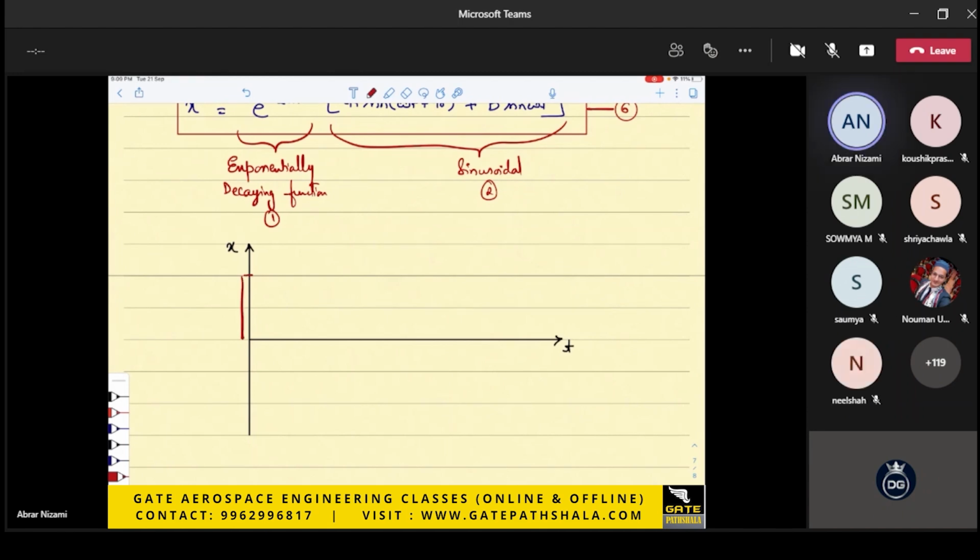Let this be the initial displacement. From here, the one which should dominate is exponentially decaying motion. Okay. So let me draw this as the dashed lines.